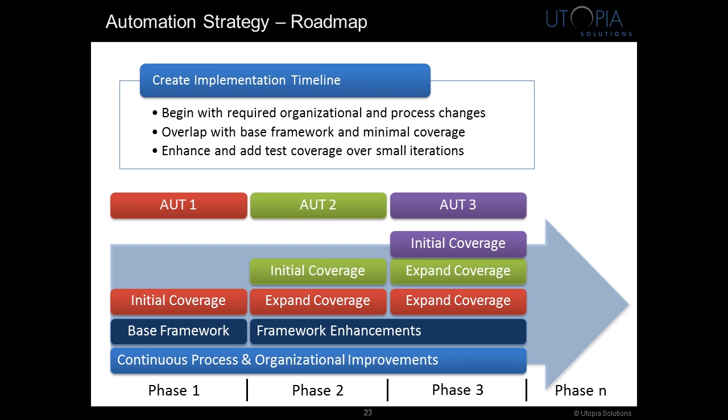And then each subsequent phase can continue with recommendations and begin to expand coverage, both on that initial application and subsequent applications if you're growing automation above that initial app. We've also had a lot of success using an Agile approach to implementing automation.